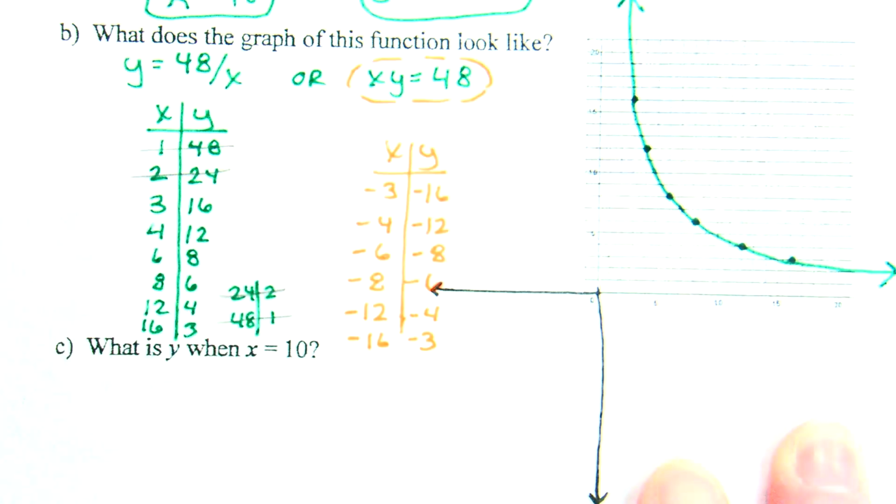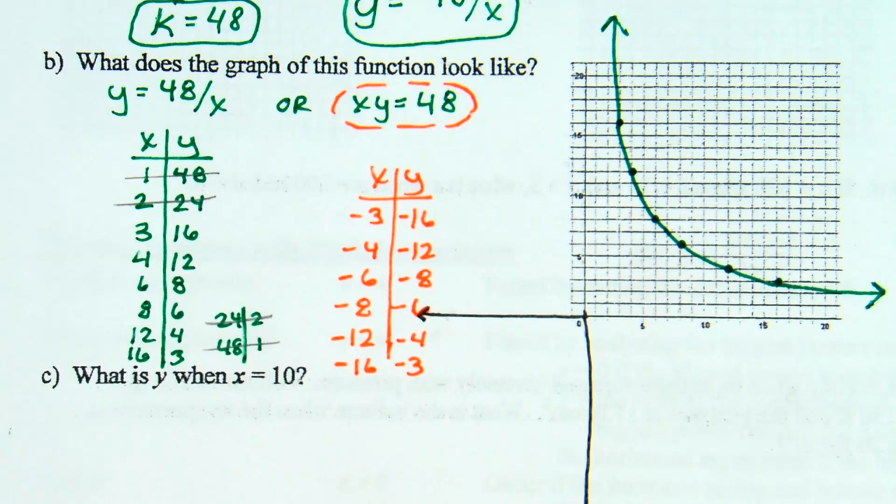is a curve that is going to run up and right. As it runs up, it's going to get closer and closer to the y-axis, but never cross it, never touch it.